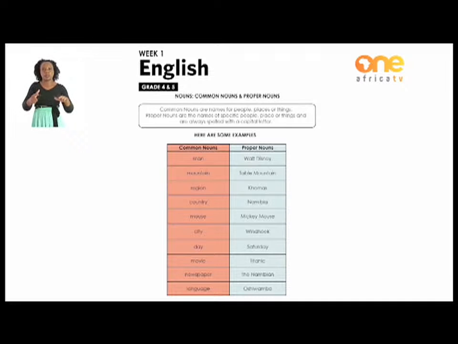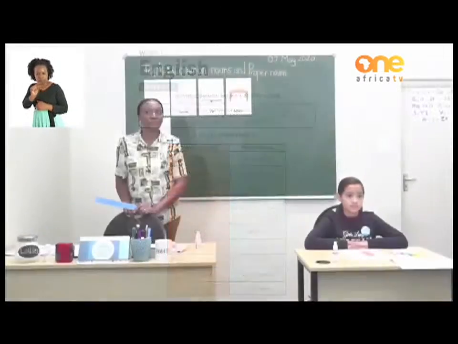Now, those are the few examples of the common nouns that we have. Now, remember, we do not start a common noun with a capital letter unless it starts a sentence.